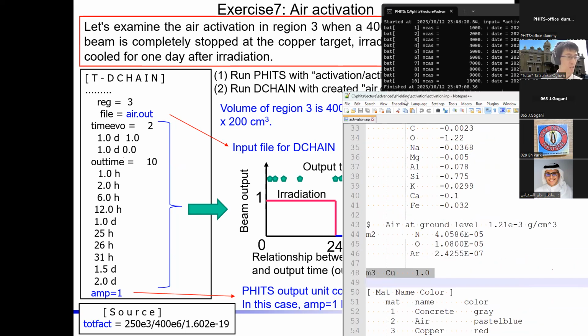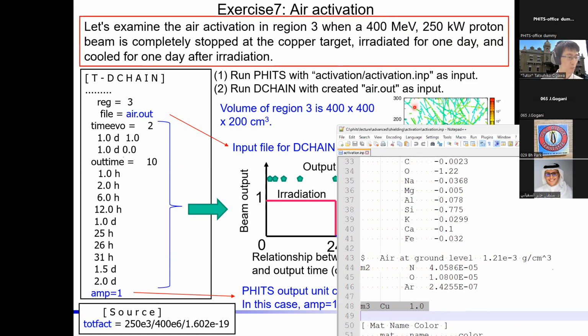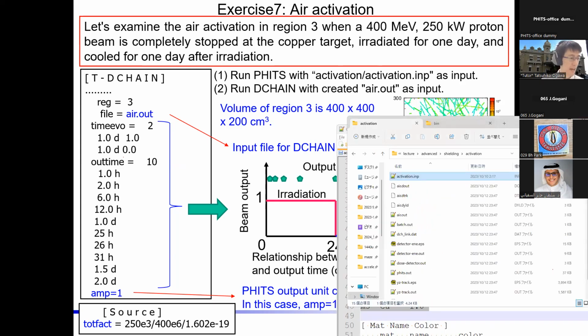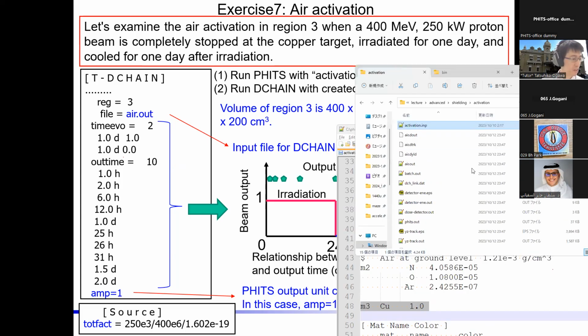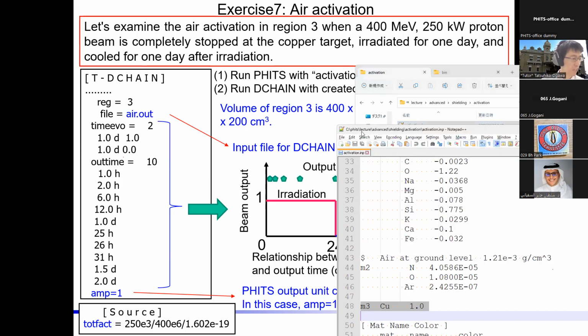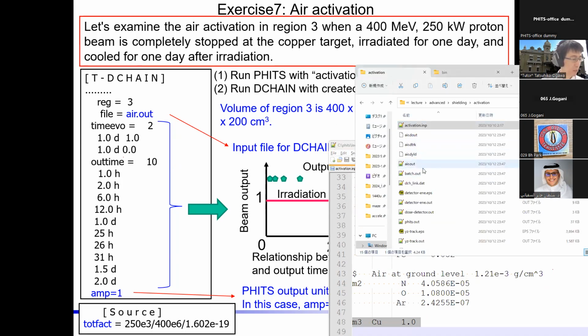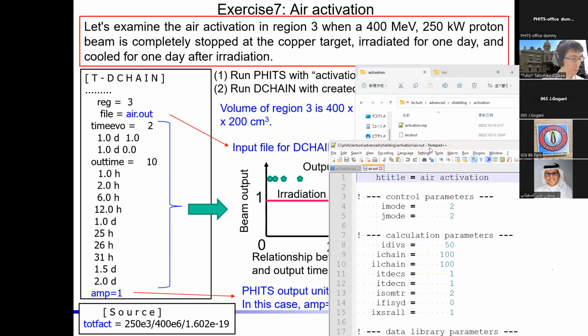And such secondary particles, like neutrons and protons, activate the nuclei in the air. After running PHITS input file activation.inp, please send air.out to DCHAIN.